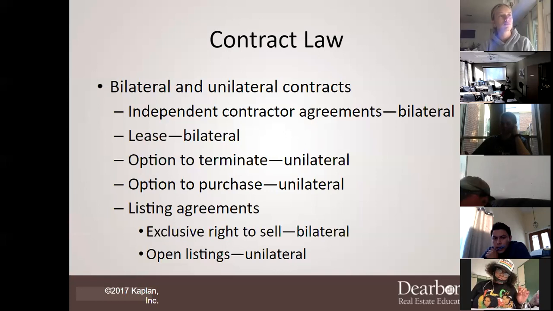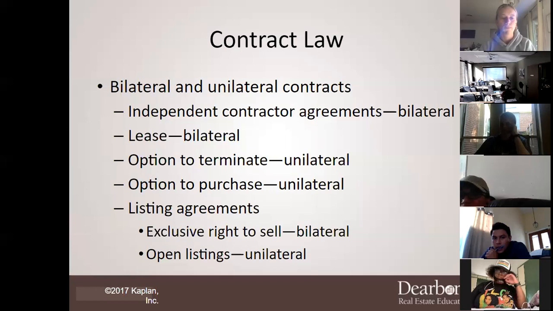And that helps if anything happens to me. Since it's under the brokerage, it can be passed around, and it avoids unforeseen circumstances like that.